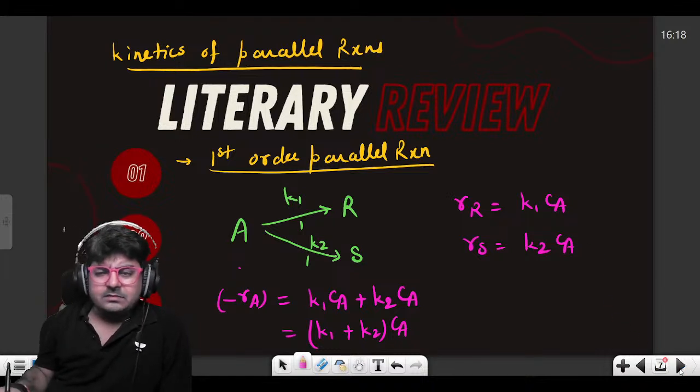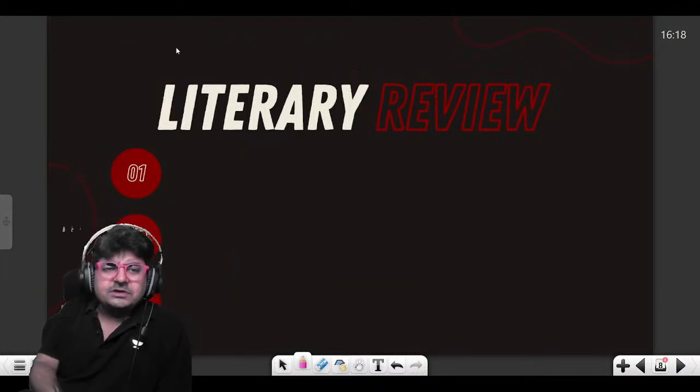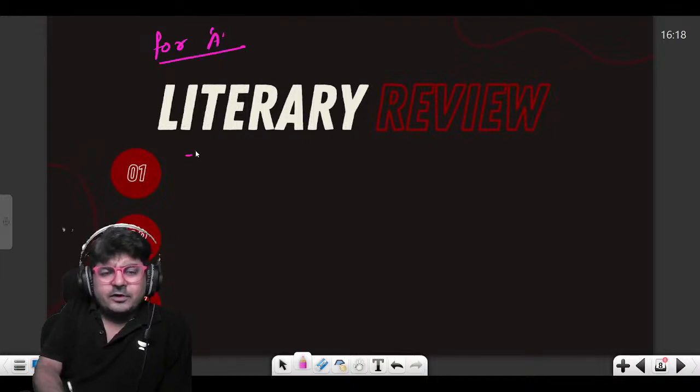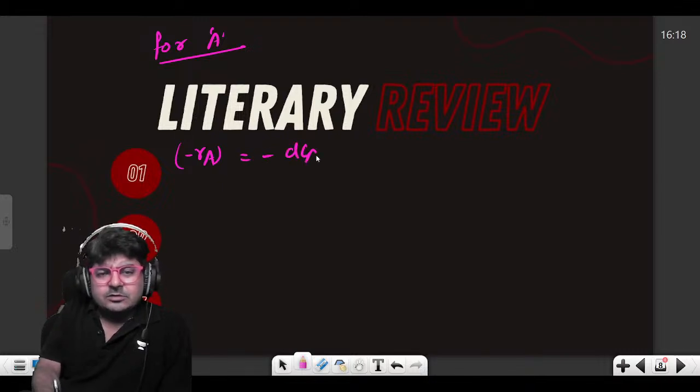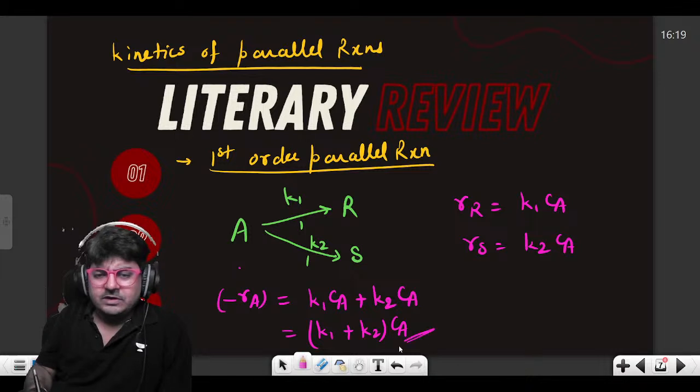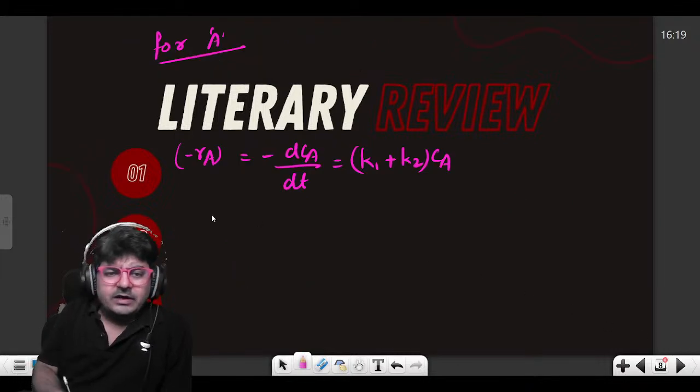Now let's find out the kinetic equation. For A, all these things we are doing for constant volume reactor systems. Minus RA can be written as minus dCA by dt, which will be equal to K1 plus K2 times CA from the power law.